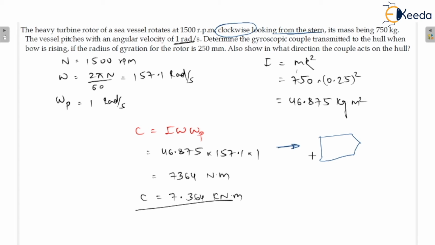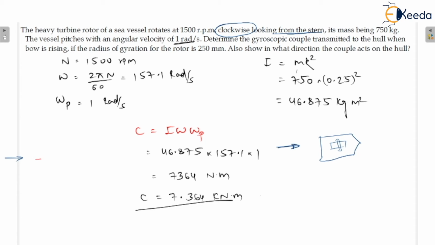The rear end is known as stern and the front end is known as bow. When you're looking from the rear end, the left side of the ship is known as port, whereas the right side is known as starboard.